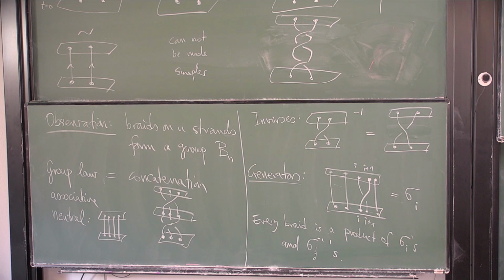Probably my definition of a braid is different. Maybe I don't understand the definition. This is strand 1 and this is... the order is different.